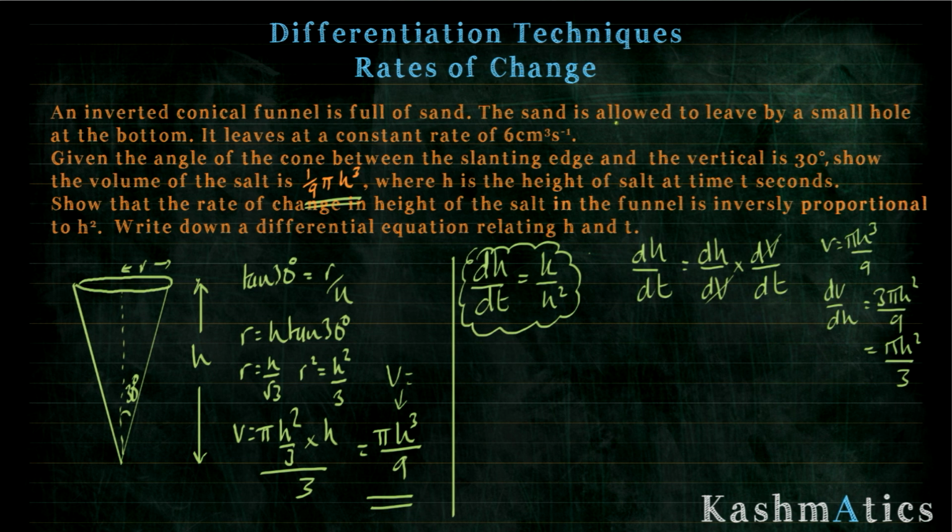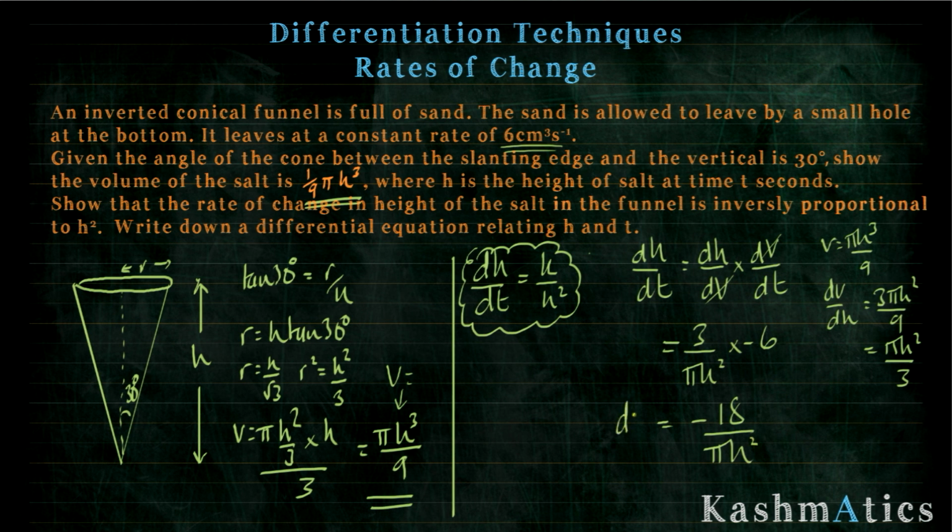Now let's see which of these things I've got. dv by dt is over here. That is minus 6. Now the reason why it's minus 6 is because it's leaving the container, not entering the container. And dh by dv I can get by doing the reciprocal of this. Okay, so that would equal 3 over pi h squared multiplied by minus 6. And that'll give me minus 18 over pi h squared.